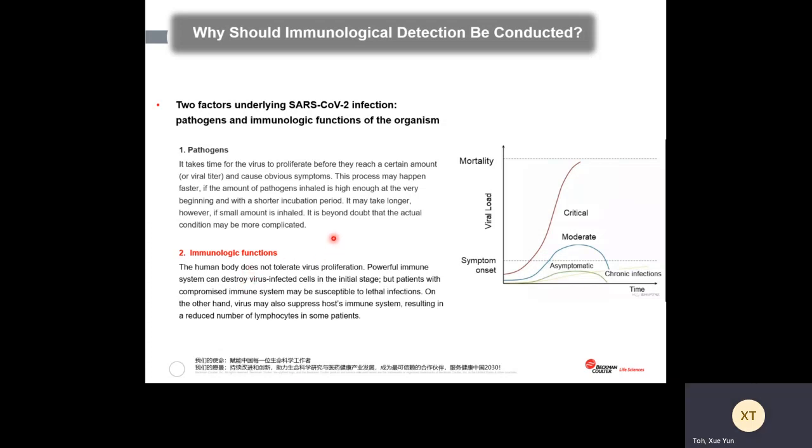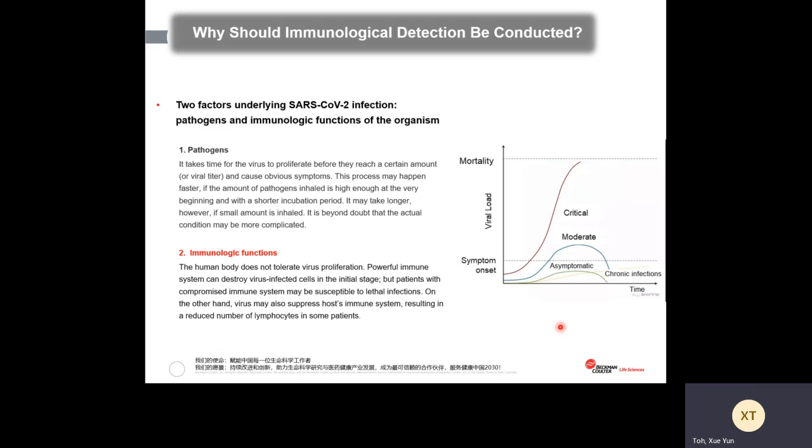We need to understand that after being exposed to the virus, it also takes time for the virus to proliferate and replicate. There is a need to reach a certain viral titer to cause symptoms, and depending on the original viral load a patient is exposed to, it can take days to weeks before one shows up with symptoms.